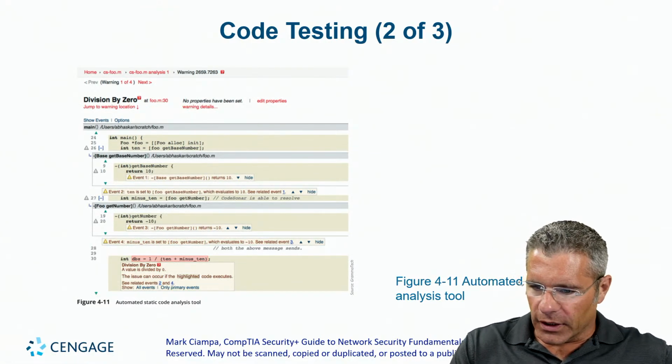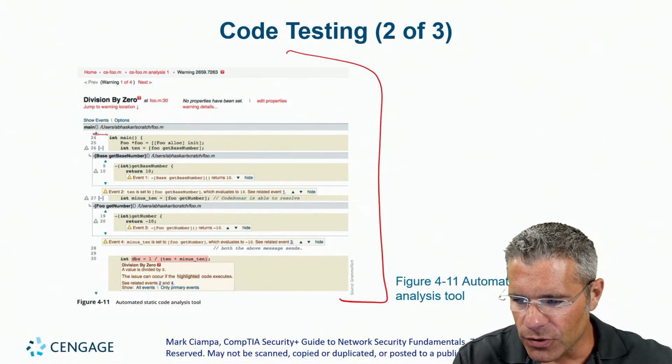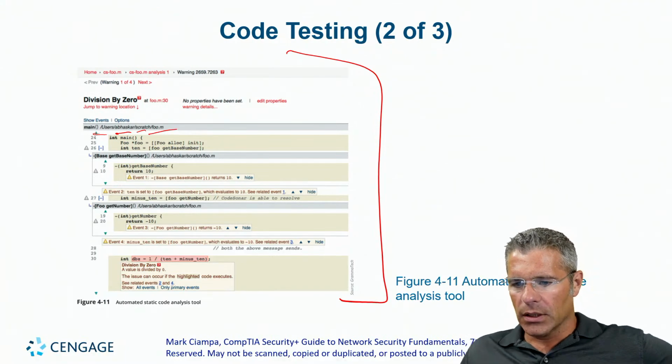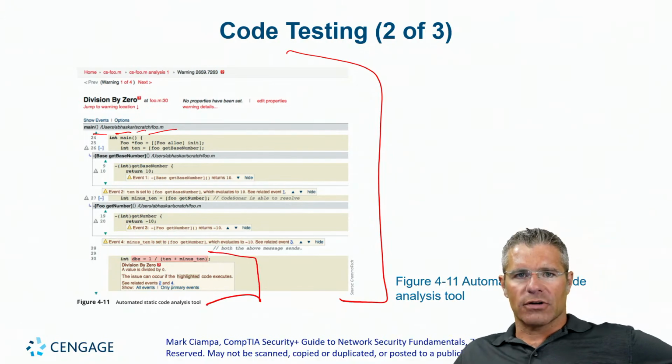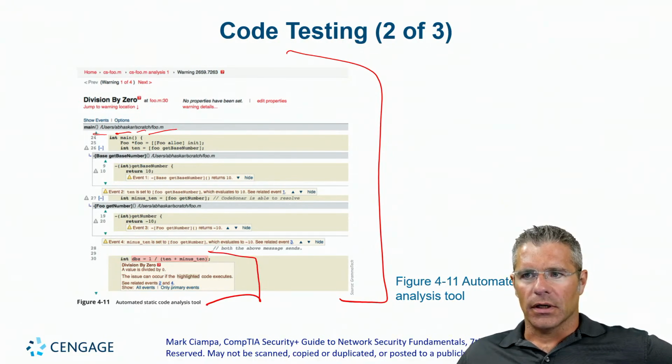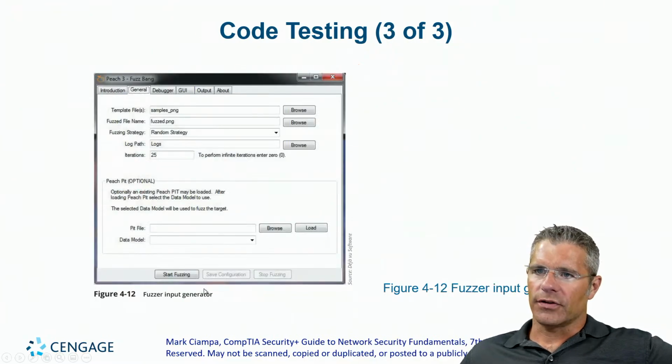This is the output of some automated system, where there is in here a divide by zero error that the automated static analysis tool discovered. So that's kind of what it will get to.